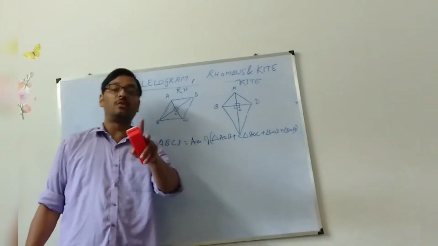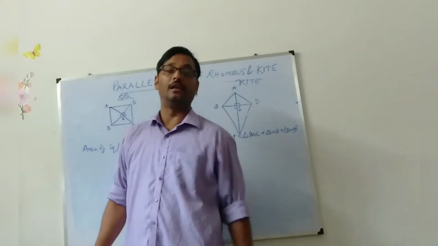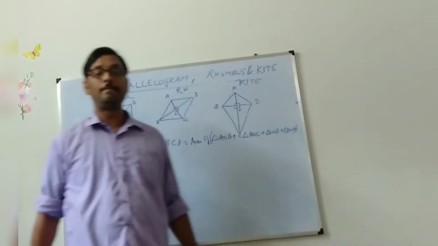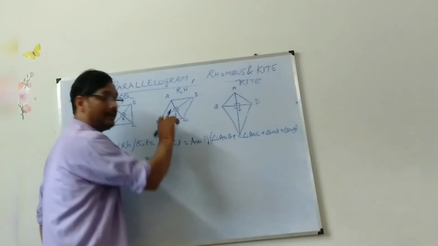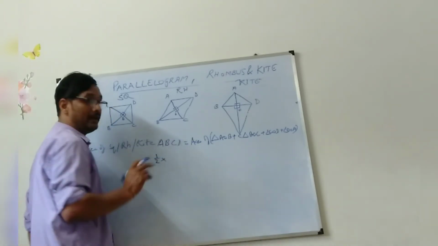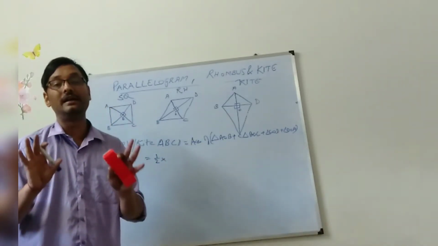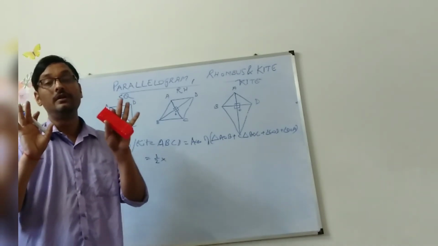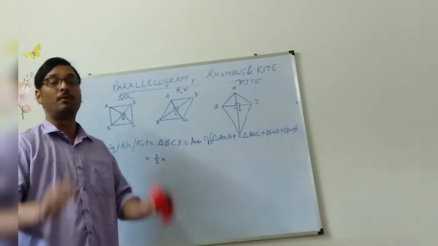What is the basic formula of finding out the area of a triangle? Half into base into height. So the area of triangle AOB is half into base. How will you find out the base and how will you find out the height? That is the most important thing.